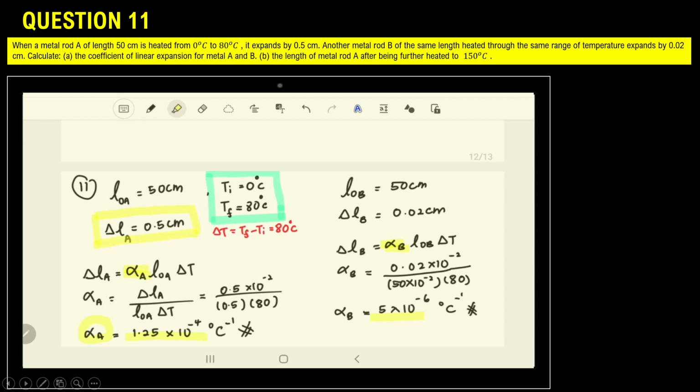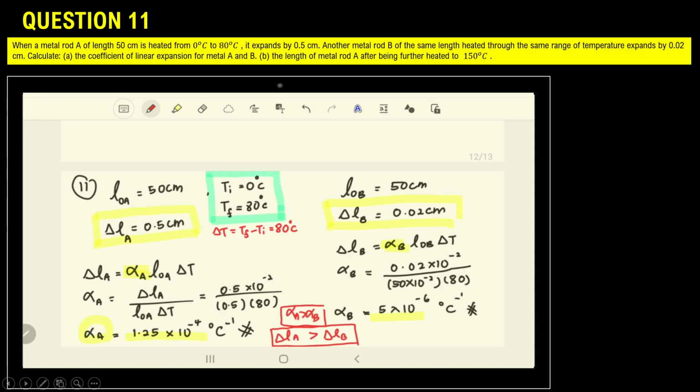When we compare delta L A and delta L B, we can say that alpha A is bigger than alpha B. Therefore, the expansion of A must be faster compared to the expansion of B. Okay, that's why delta L A is bigger than delta L B.